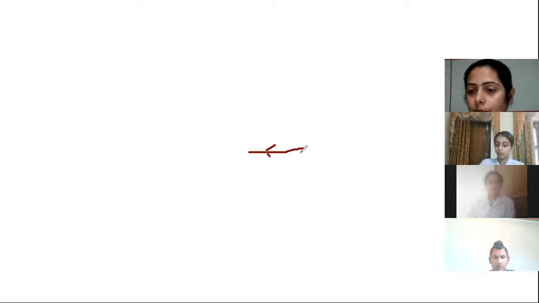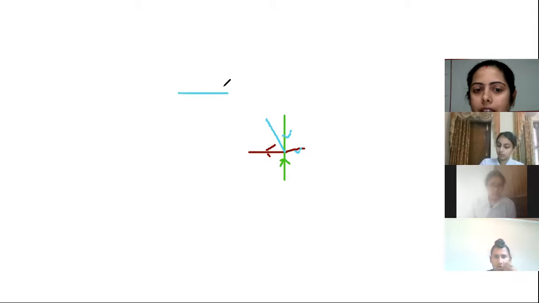This is the first point. This is the magnetic field. Let's say this is the current, then the force is going to be in the upward direction, that is perpendicular to both the magnetic field and the current, perpendicular to both, which we call x, y, z.